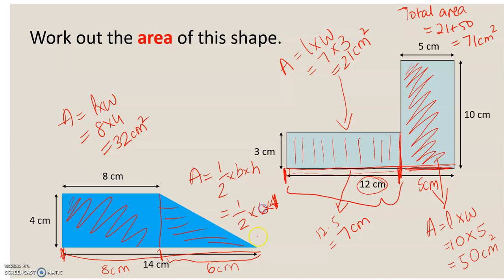So my base is 6. So I've got half times 6 times 4, and that should give me 12 centimeters squared. So for this question here, the total area equals 32 plus 12, which is equal to 44 centimeters squared.